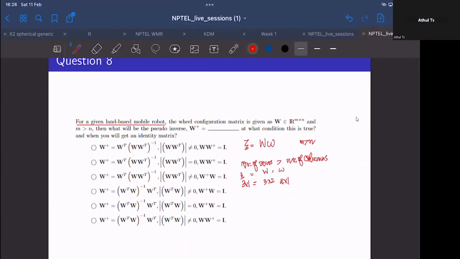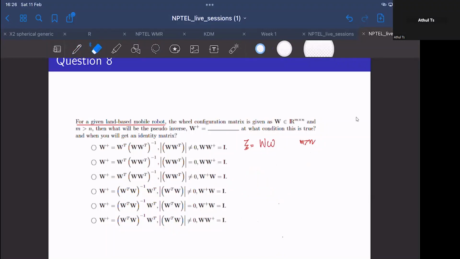So if M is greater than N, this W matrix would be a tall matrix. Number of rows would be greater than number of columns. As per the linear algebra theory, if the number of rows is greater than the number of columns, we have an overdetermined system.